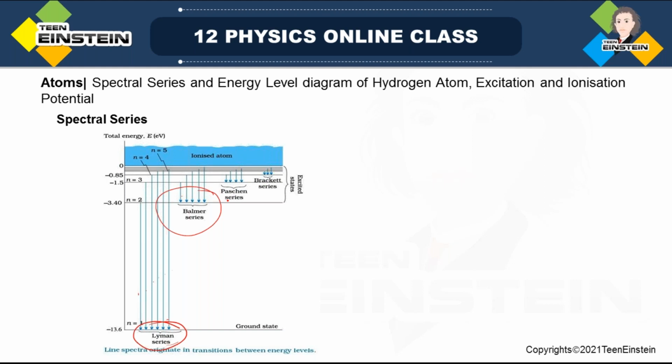So in the hydrogen spectrum we see 5 different series of lines which are closely correlated to each other. These series are named after different scientists, their discoverers: the Lyman series, Balmer series, Paschen series, Brackett series, and Pfund series.